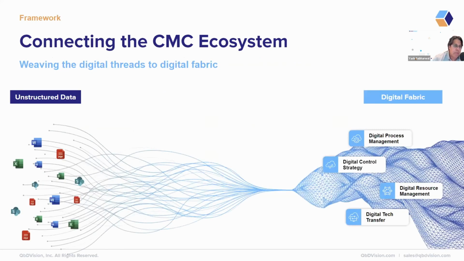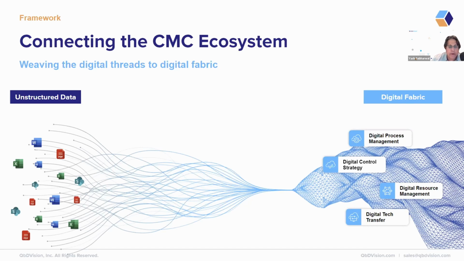So as we think about this, we're showing you a diagram here. On the left, you have a lot of unstructured data. And what you're trying to get to is this goal on the right, where you have a connected digital fabric that's woven together that enables a lot of these 4 pillars that we've talked about, which is digital process management and control strategy and so forth.